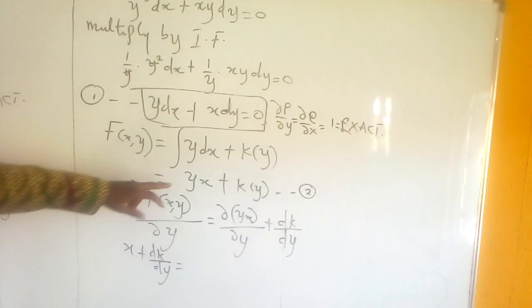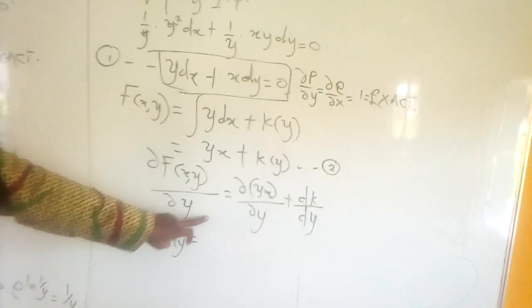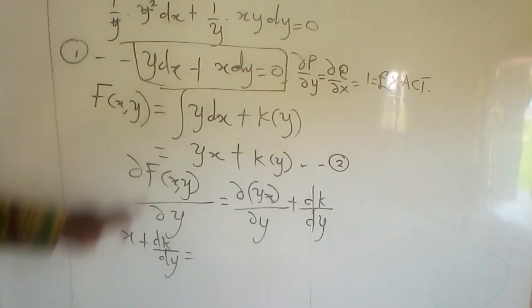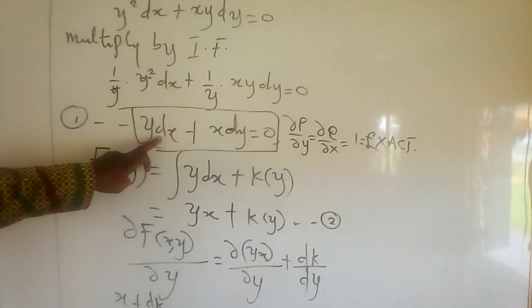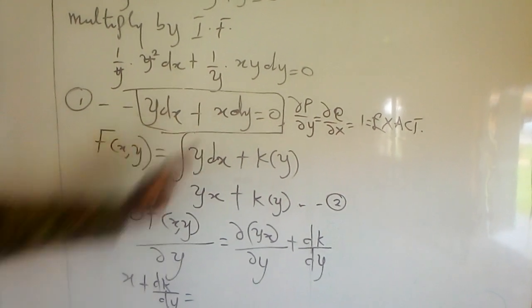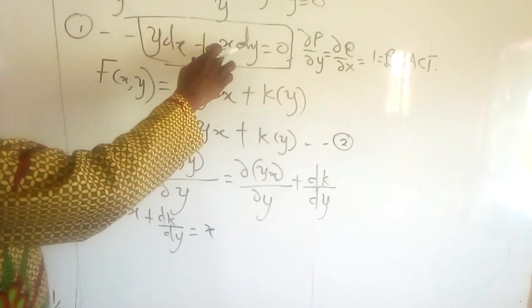So this equation 2 will now be partialized. When partialized, you now equate this to the first equation, taking only the value close to dy, which is x.